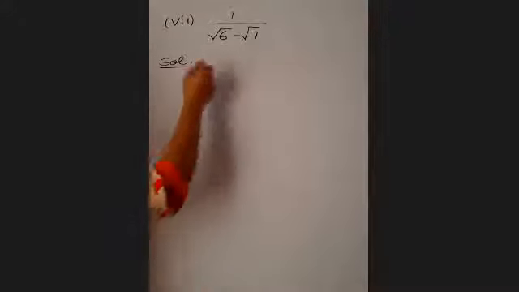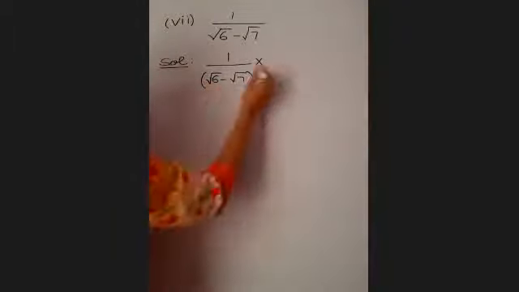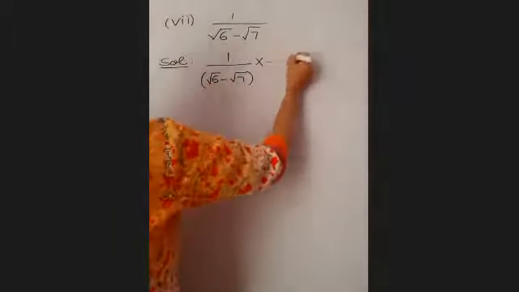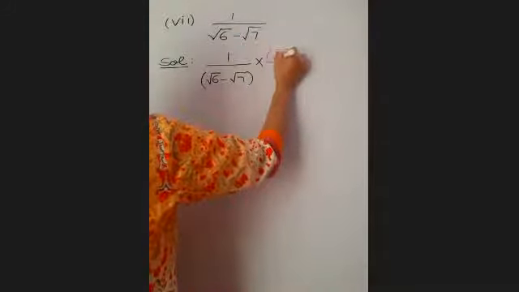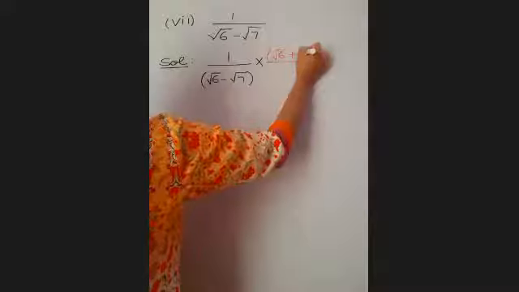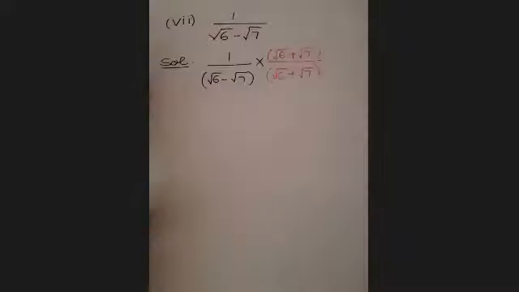One upon root 6 minus root 7. So children, multiply this by root 6 plus root 7. Since it is minus, we shall multiply and divide by plus sign.